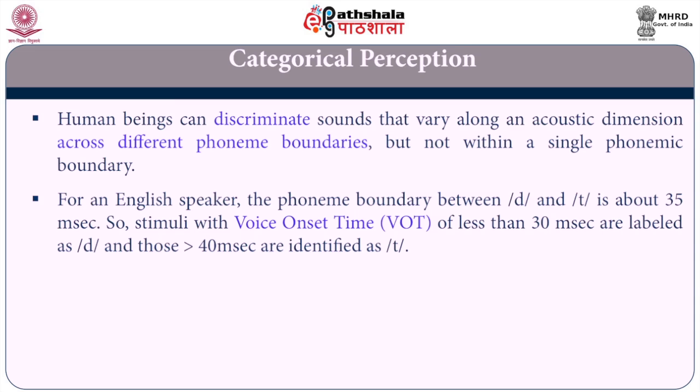English speakers require 30 or below milliseconds to perceive it as voiced, 40 or more to perceive it as voiceless. But this 30-40 boundary does not remain for Spanish, German and Telugu. Native speakers require different amounts of acoustic cues to make the same categorization between two sounds; you require different degrees of acoustic phonetic information.